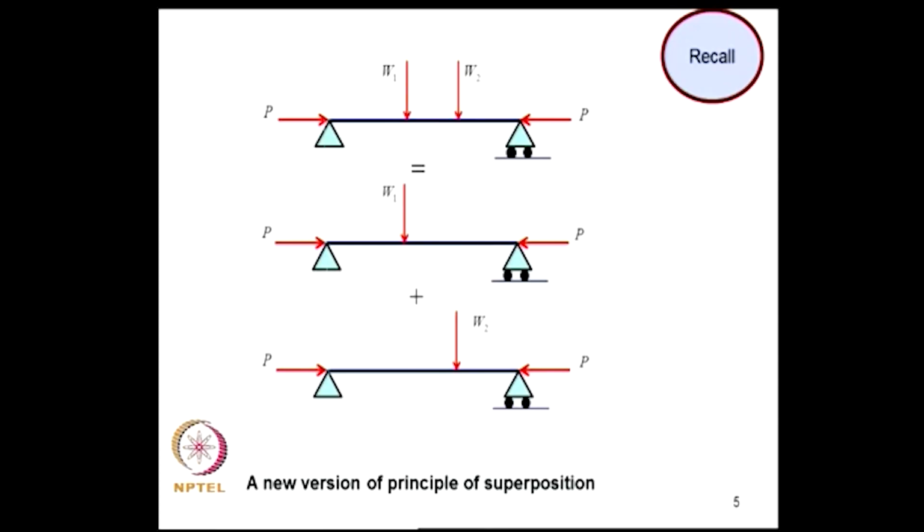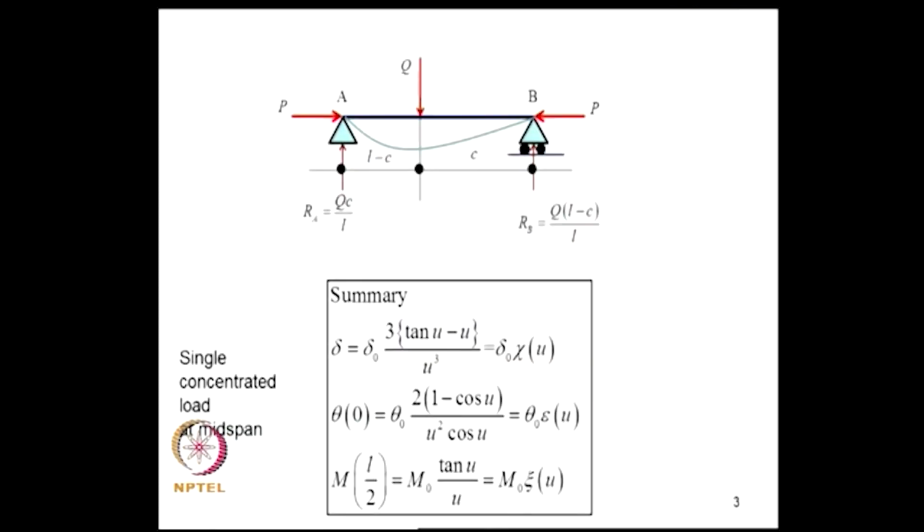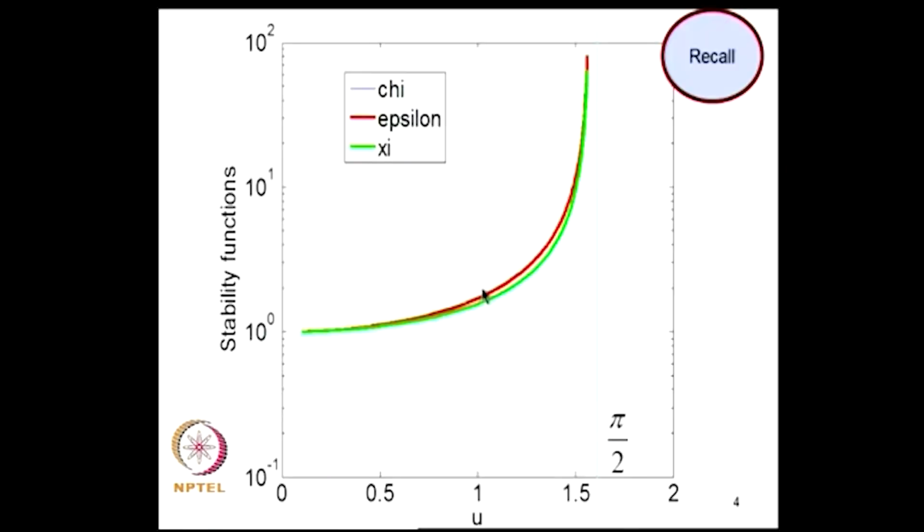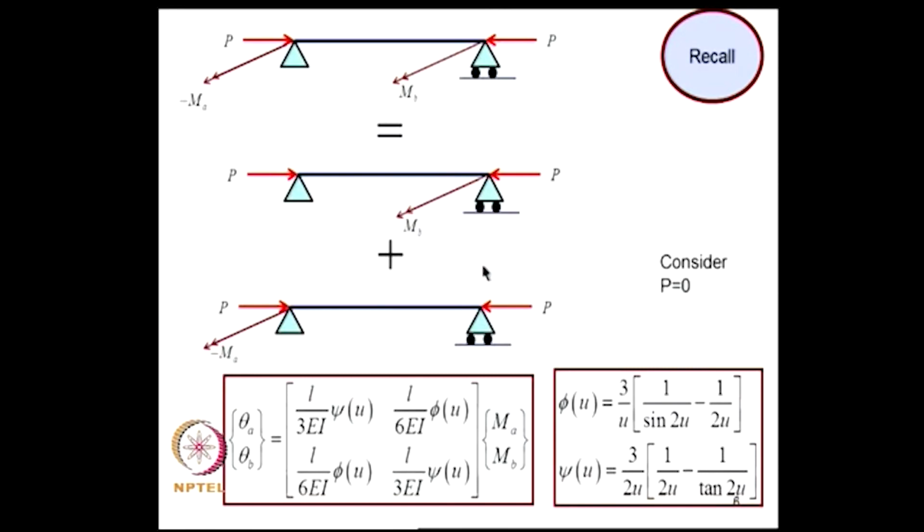Using this modified version of the principle of superposition and treating this as a building block, we solved a few problems. Specifically, we solved the problem of a beam loaded by two end couples, and we derived the flexibility matrix for this system, which relates the end rotations to the applied moments.